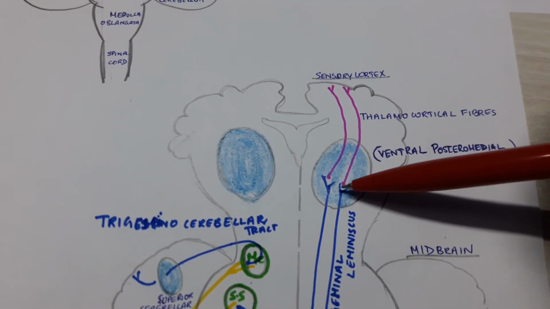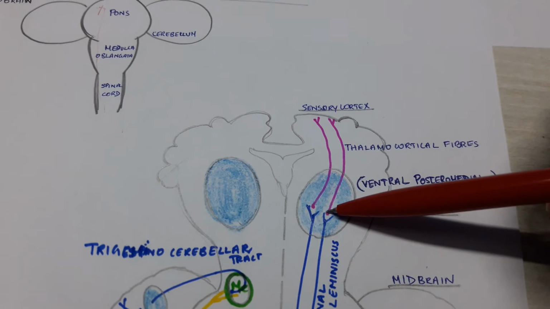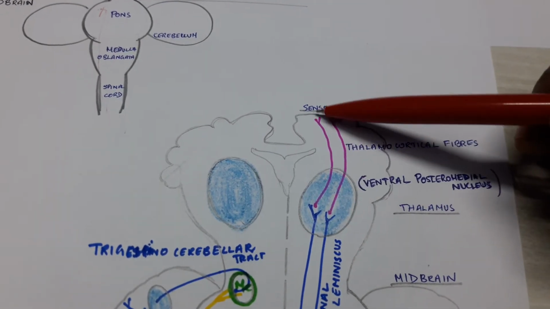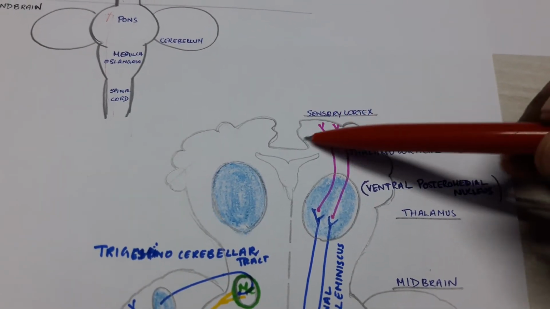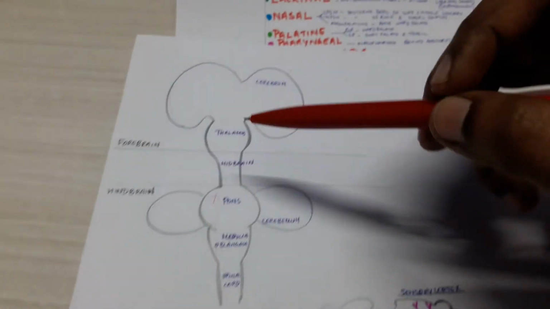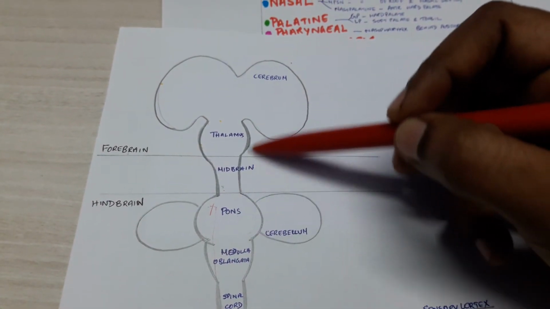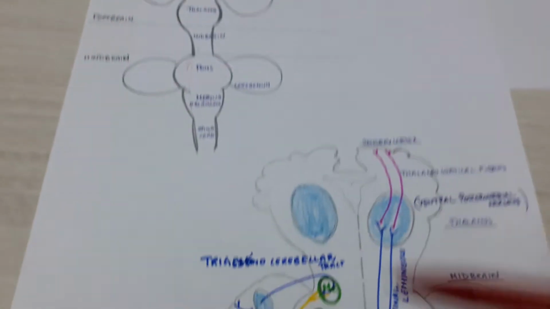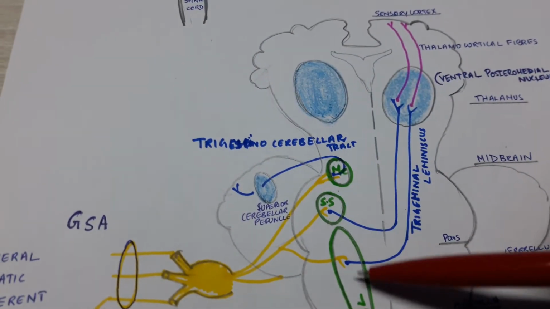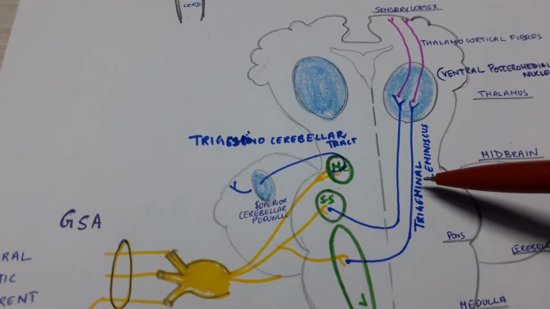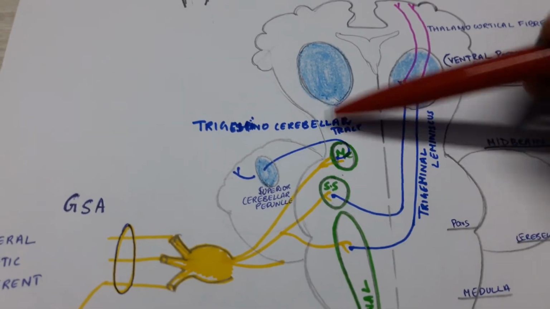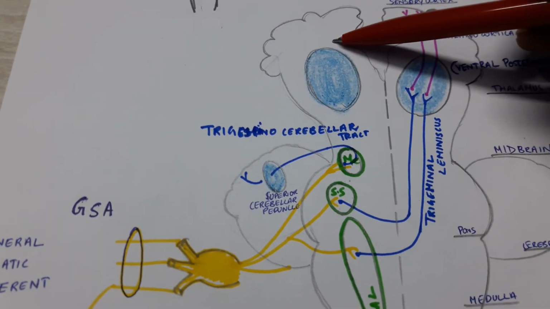It terminates there, and from there the thalamocortical fibers will arise, and that will terminate at the sensory cortex in the cerebrum. That is the trigeminal lemniscus. This is about most of the fibers, but there are some fibers that will terminate on the same side of the thalamus as well.